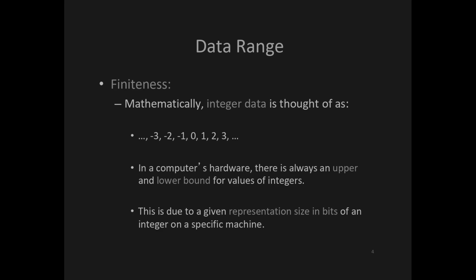So for example, on a 32-bit computer, a signed integer value can go between 2 billion and minus 2 billion. Rough number, I don't want to say the actual figure. It's roughly 2 billion and minus 2 billion, okay? And this is because in a single 32-bit computer word, you can't represent more than that many values.